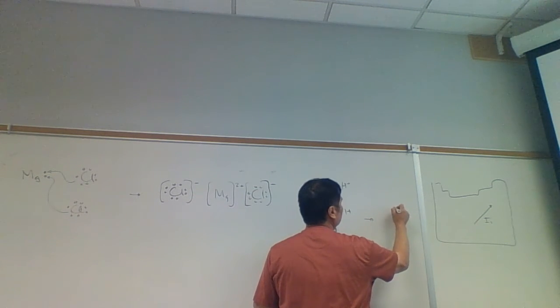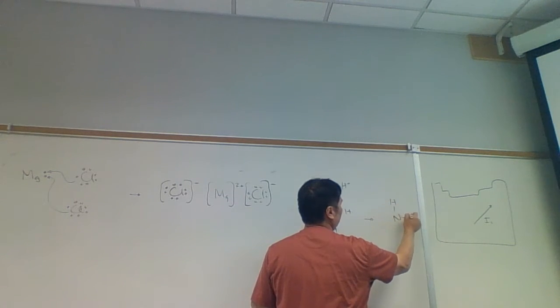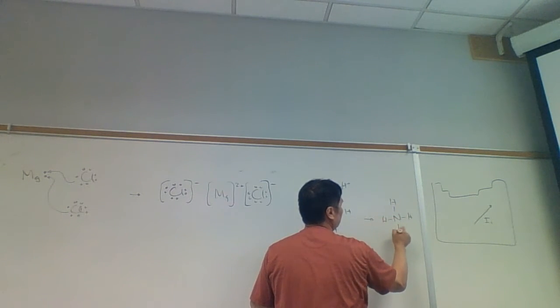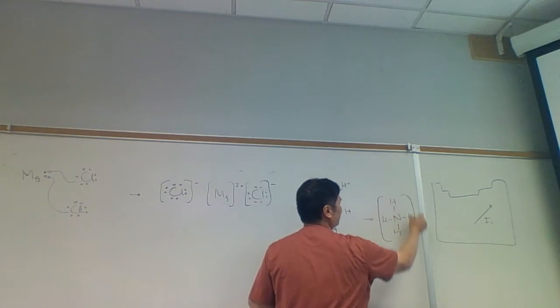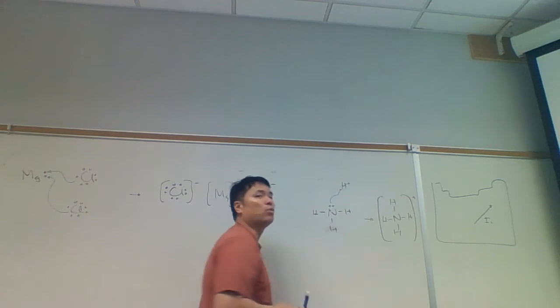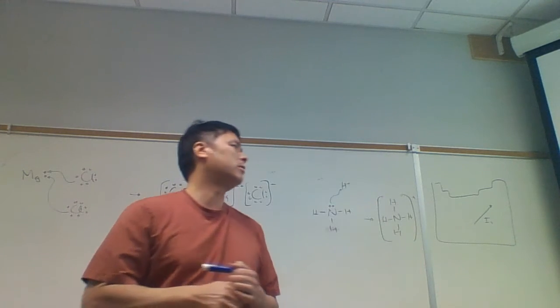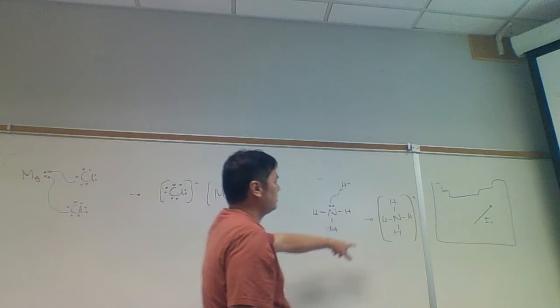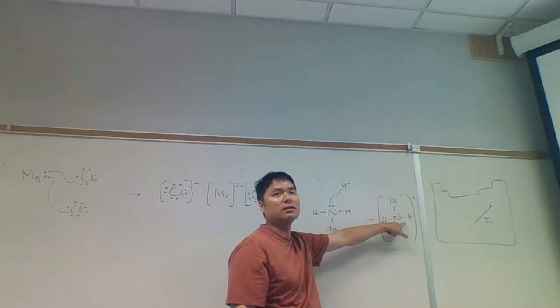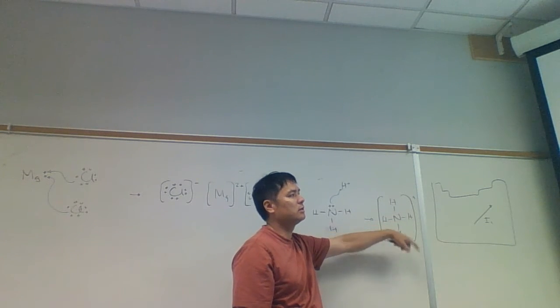Did H+ contribute 1 electron? And nitrogen contribute? No. Both electrons came from nitrogen, then we call it coordinate covalent or dative bond. Once this bond forms, you can't tell the difference. All 4 bonds look exactly the same.